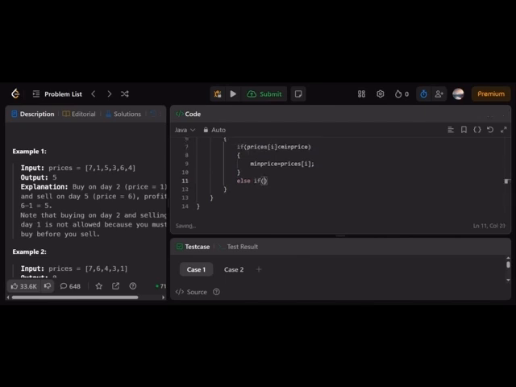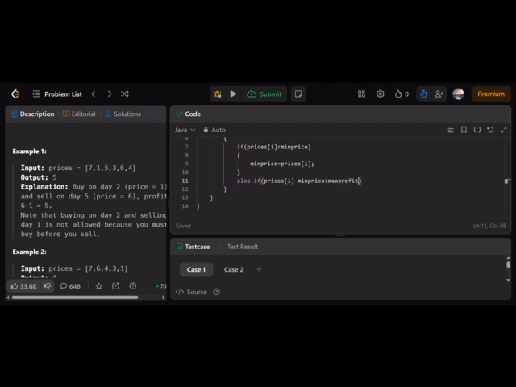So after we update that, we will take the prices of i and subtract the min price from it, because that is how we check our profit, and we will check whether that number is greater than the max profit.